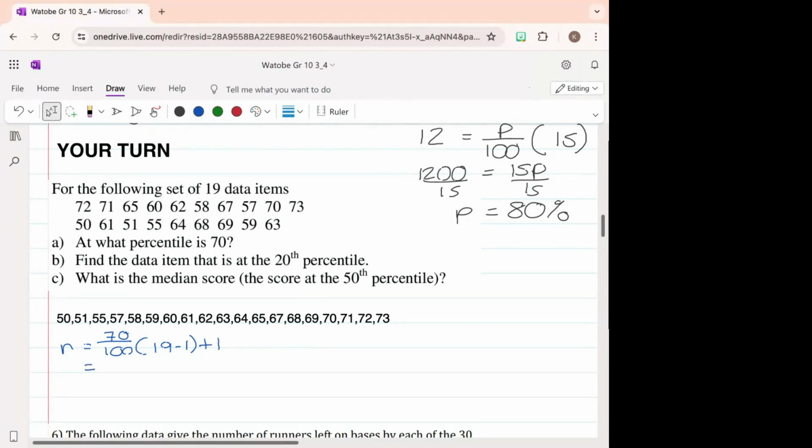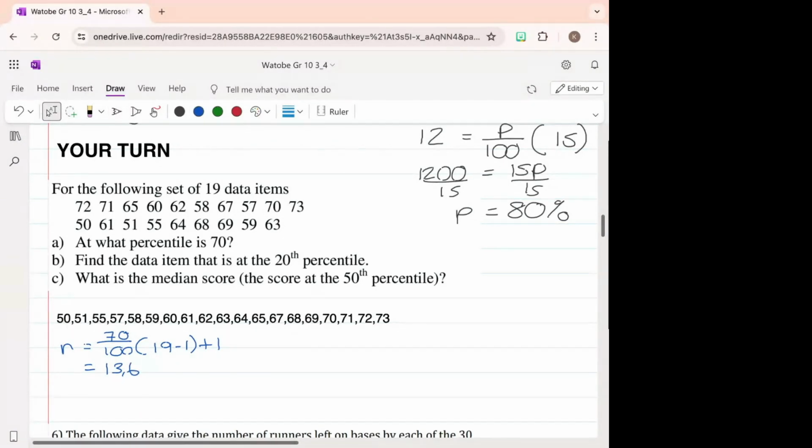What do you get? 13,6. Are we sure? Okay, going with your answer. 13,6.